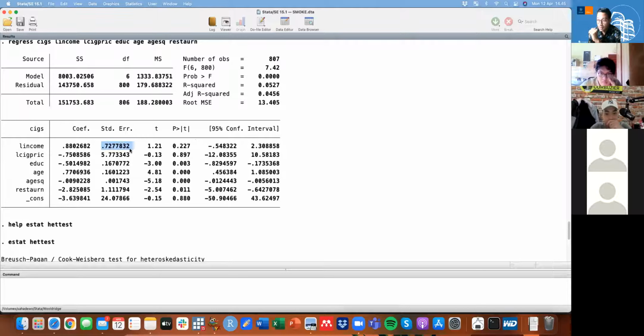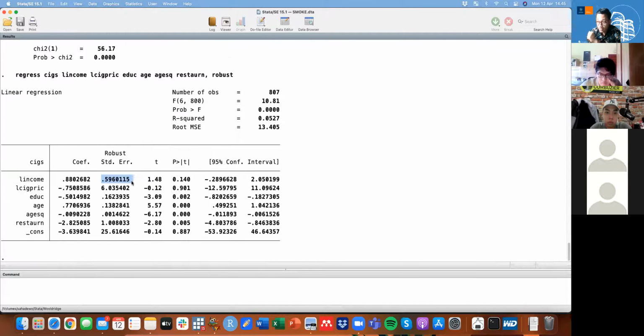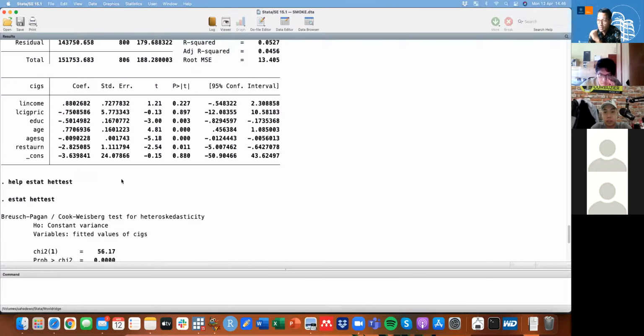But as you can see here, the estimated standard error without the heteroskedasticity robust version was 0.72. With the addition of the heteroskedasticity robust option, it's now lower at 0.59. The other estimated robust standard errors are also now different from the ones without the option. What's interesting is that for the log of income, the heteroskedasticity robust standard error is actually lower.